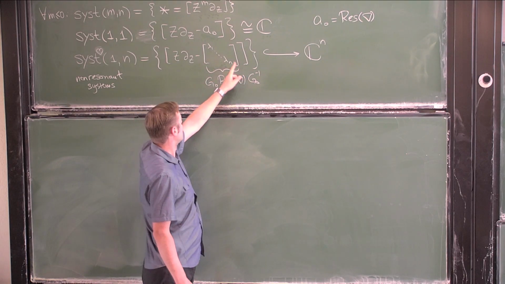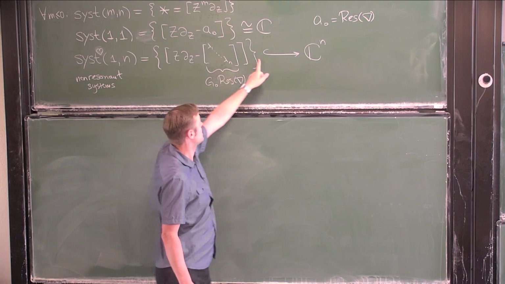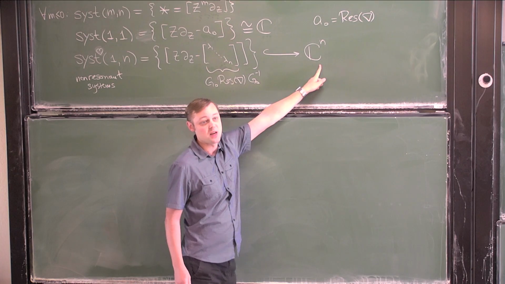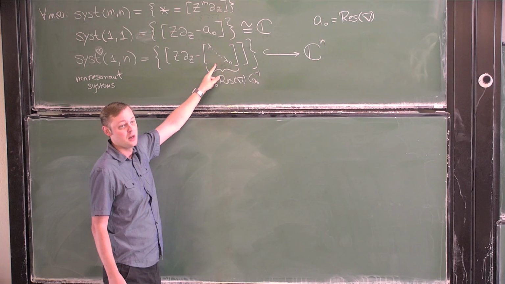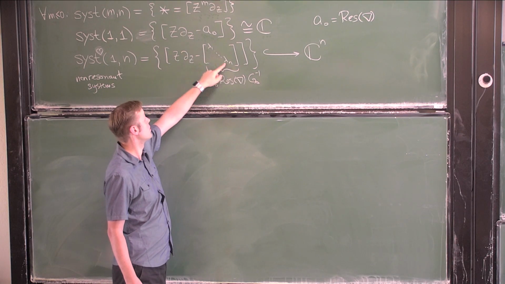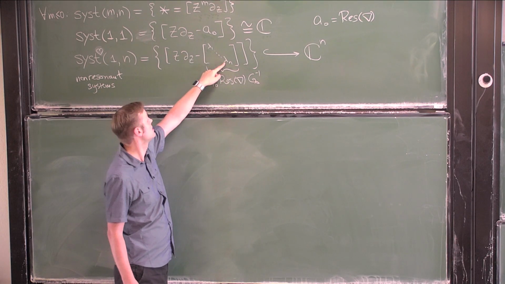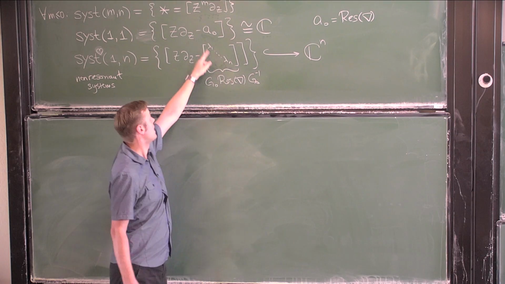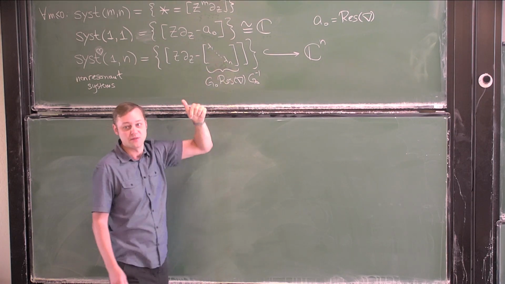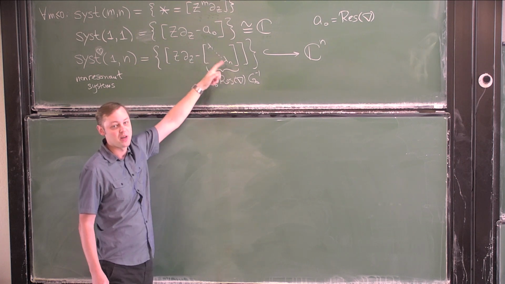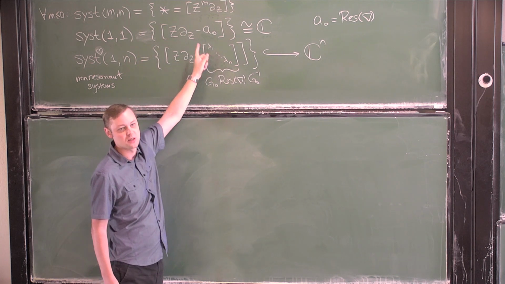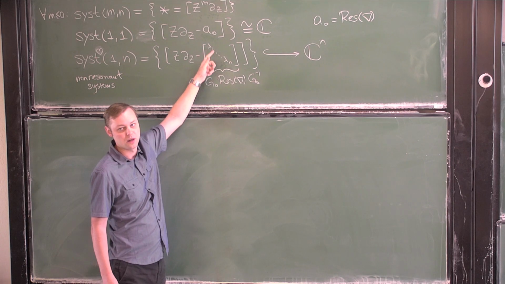And so that presents this moduli space really as a subset of C to the n, because in order to specify a particular normal form, all I have to do is give you n complex numbers. So that's a point in C to the n, and I just need to ensure that these complex numbers satisfy some assumptions. In particular, that this whole thing has to remain non-resonant, so that the differences are not an integer, and so on.